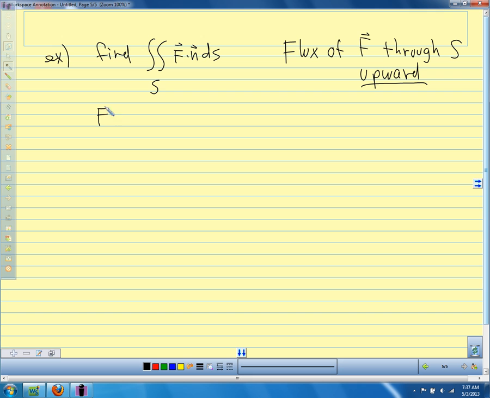F is given by our vector field xi plus yj, and S is 2x plus 3y plus z equals 6 in the first octant.